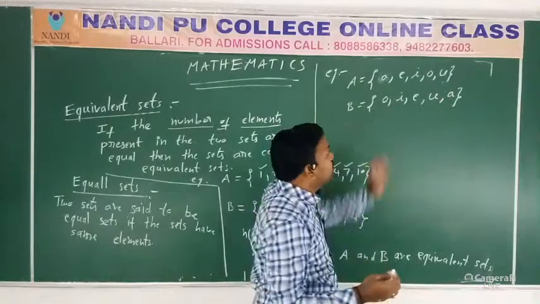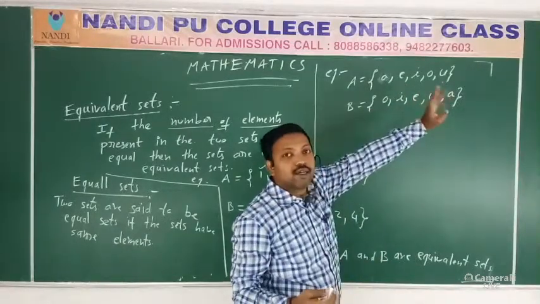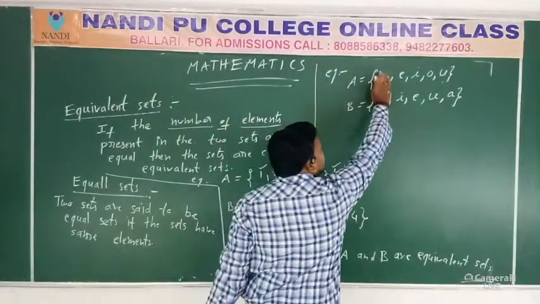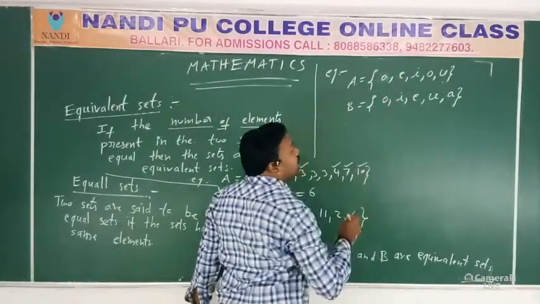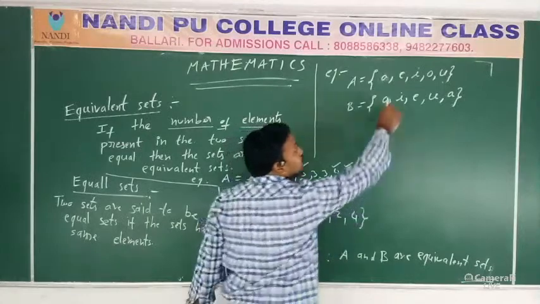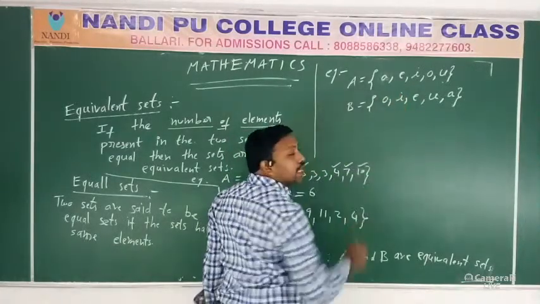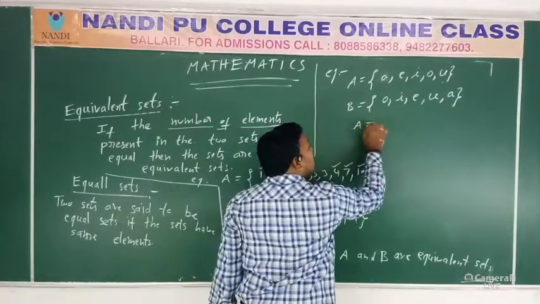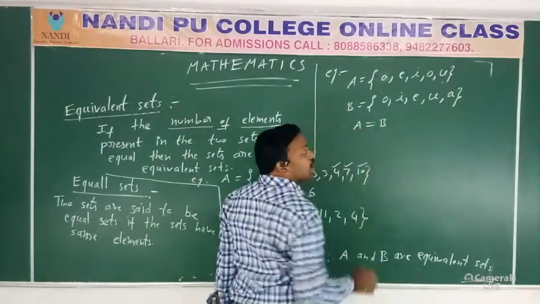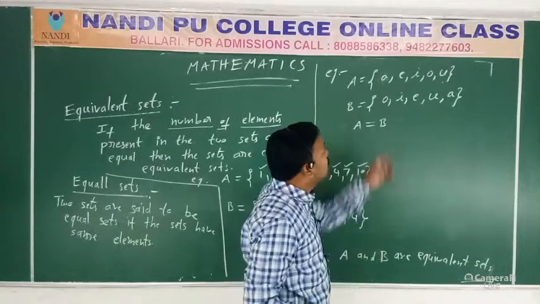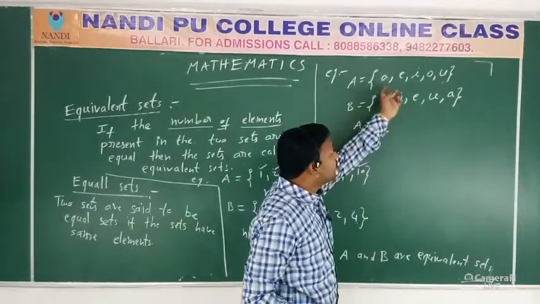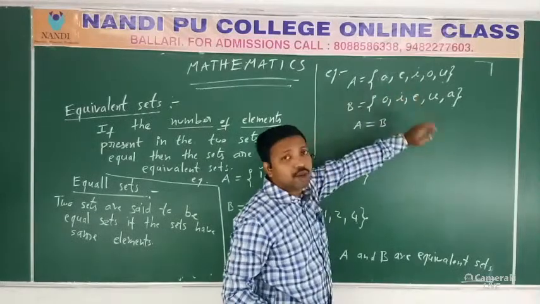We can make them in any other order; it doesn't matter, so order is not at all important. But you observe that the elements present in both sets are the same. So here A equals B, and obviously n of A also equals n of B.